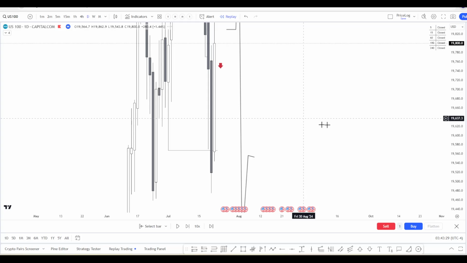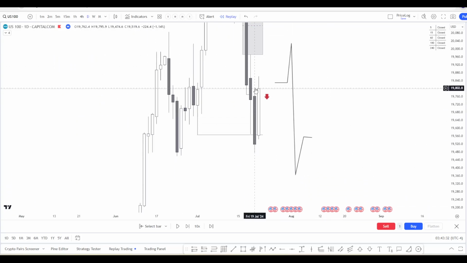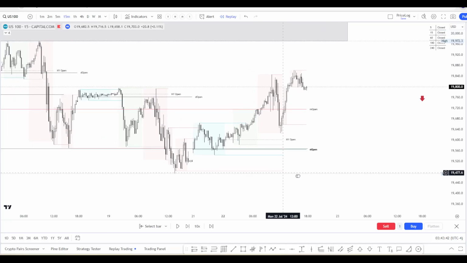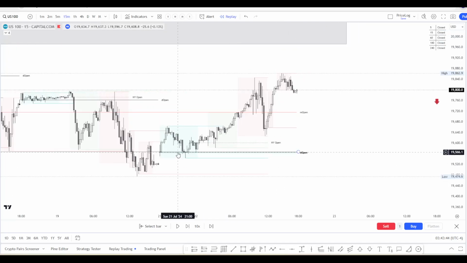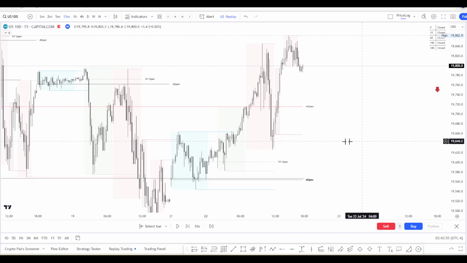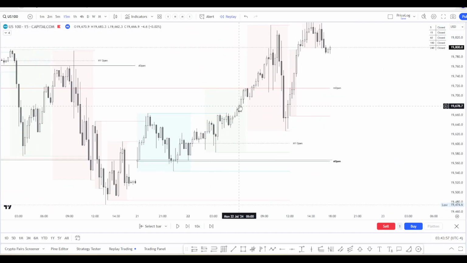So on the day, just by looking on the daily candles, we were looking for that bearish candle, and we wanted to see if we can find a high to get involved to get into a short. And that would then mean that throughout London, we see that we're just pushing up, and we know that we want a short, but the 15-minute is not really giving us any short entries.